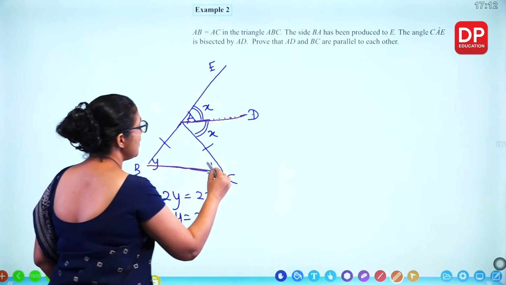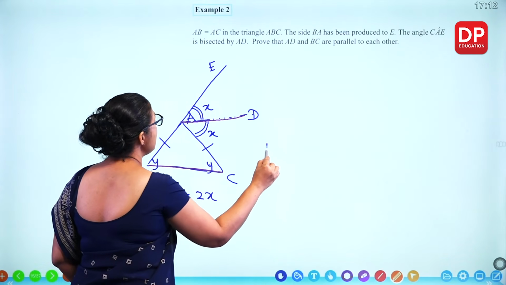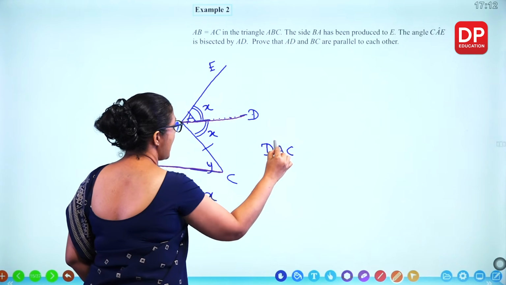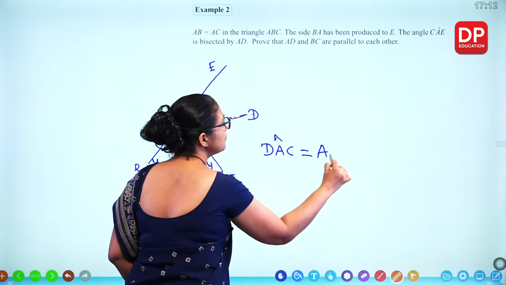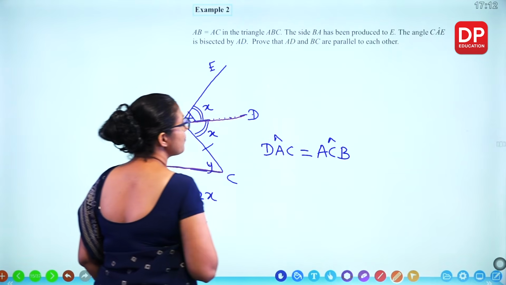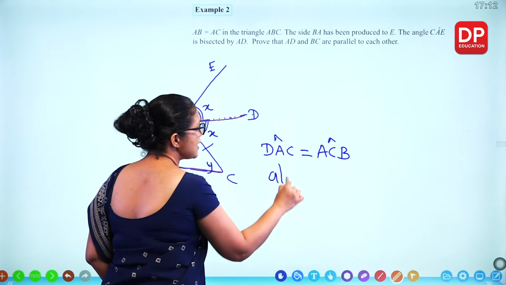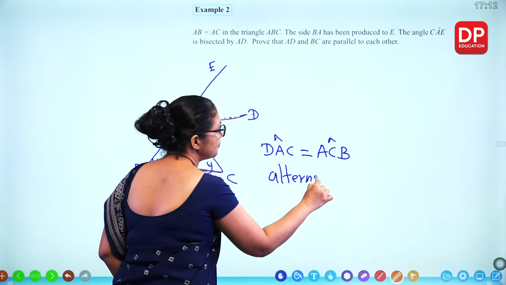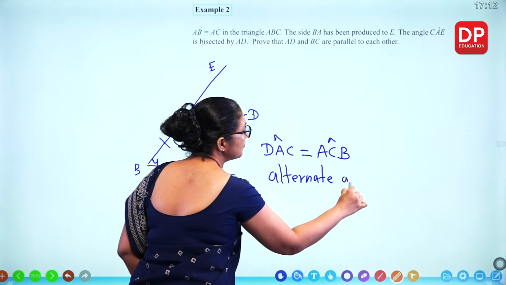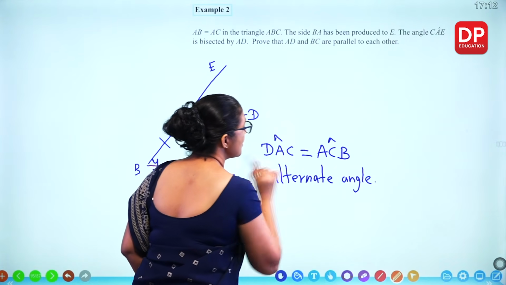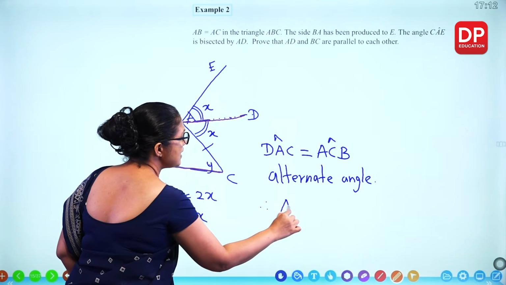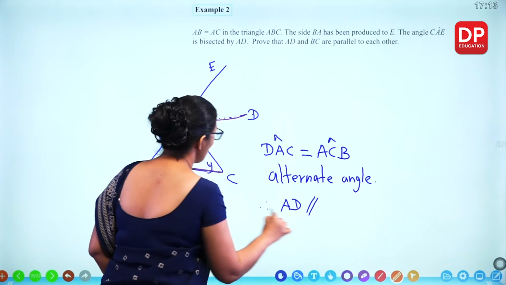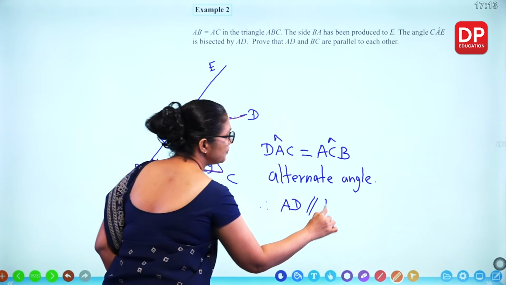So here we can say DAC angle is the same as ACB angle. So these are alternate angles. So therefore, we can say AD is parallel to BC.